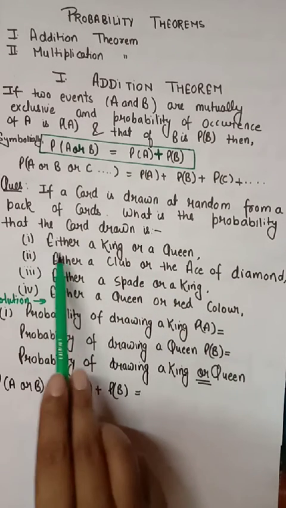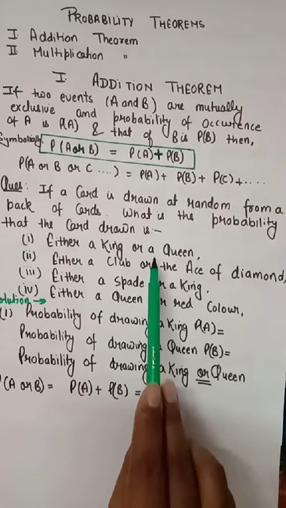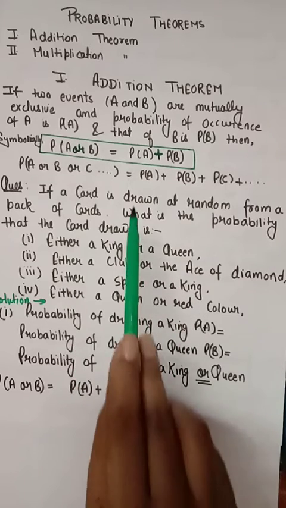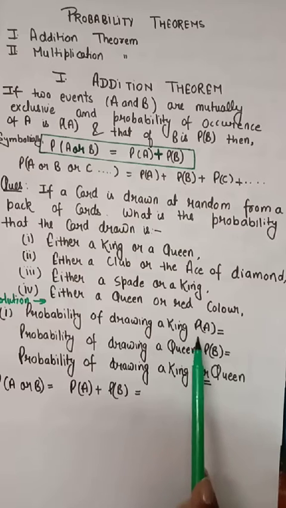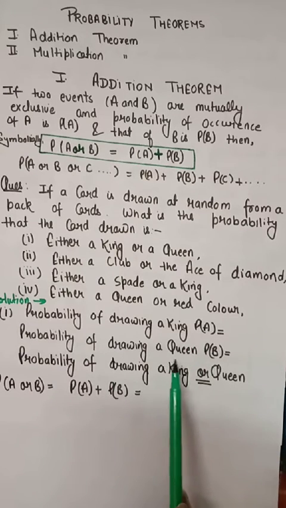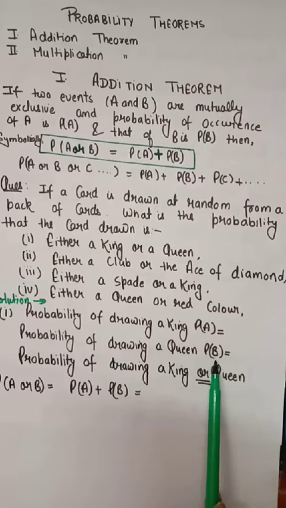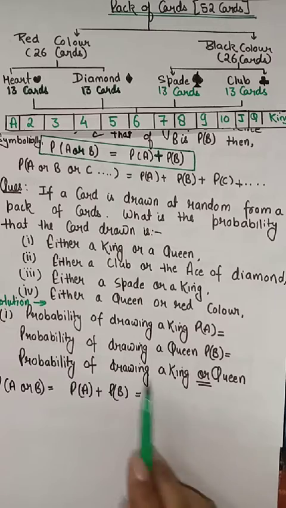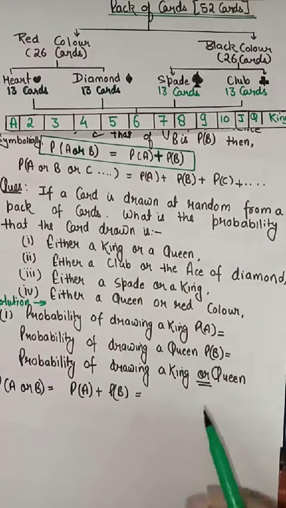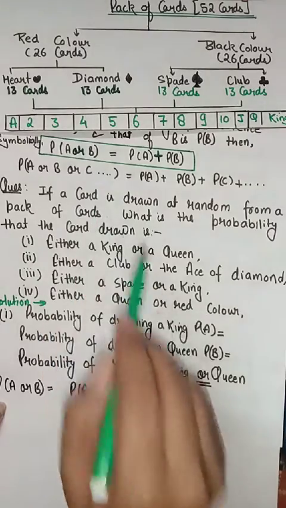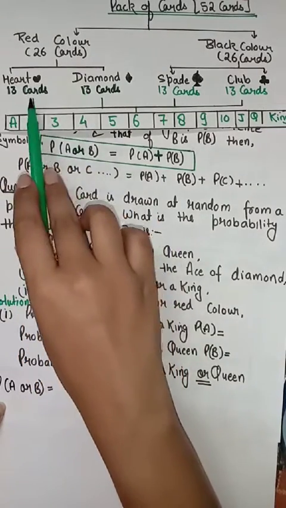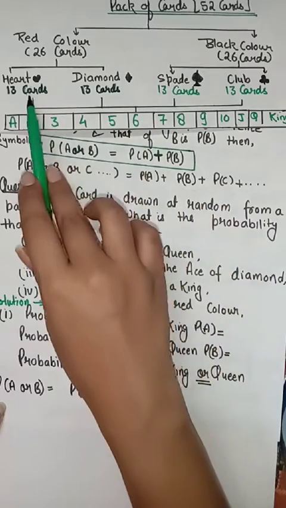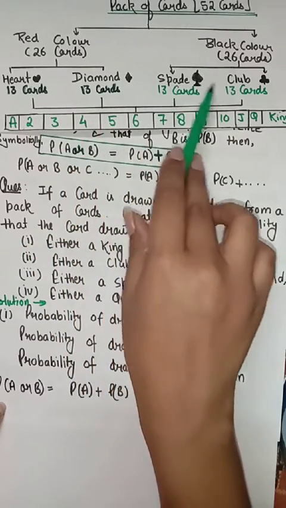Let's solve this first question: either a king or a queen. The probability of drawing a king we can assume as P(A), and the probability of drawing a queen from a pack of 52 cards will be P(B). For the king, there are 4 kings in this pack of cards: one of heart, one of diamond, one of spade and one of club.